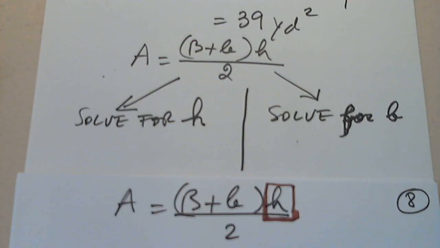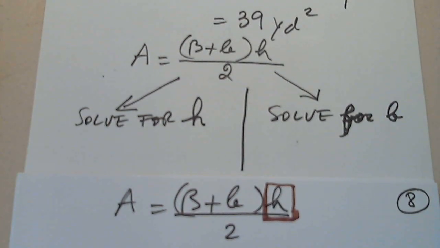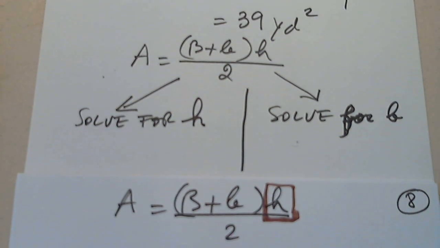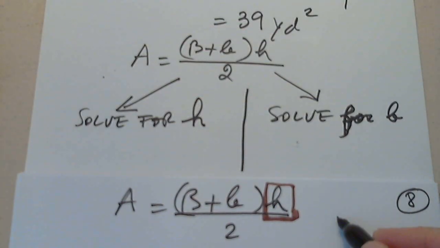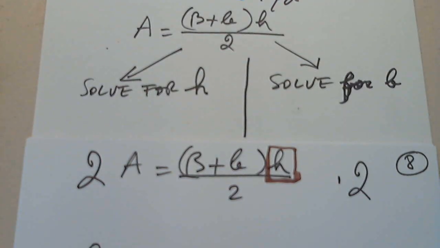You cannot replace them with numbers, but they are like numbers. In other words, they are known. Somehow they are known to us. What will you do first? Please remember what we discussed today. Yes? Multiply each side by 2. That's perfect. Or cross multiply because it's a proportion. Multiply by 2. Excellent. The left-hand side is 2a. The right-hand side is (B plus b) times h.